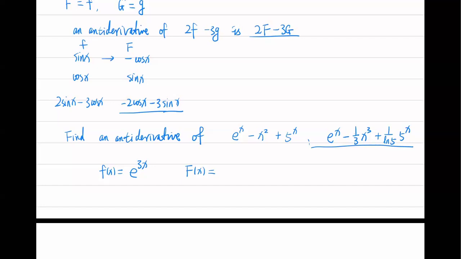What would you guess this will be? It doesn't have to be correct as long as it's in the right direction. Okay, let's try this. Does it work? So what are we missing from this one? If we take a derivative of this, what do we get?